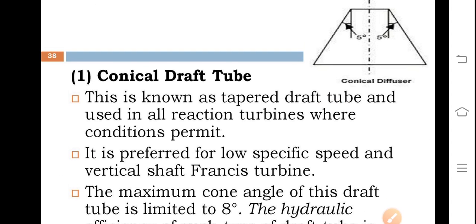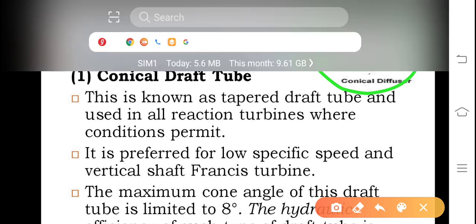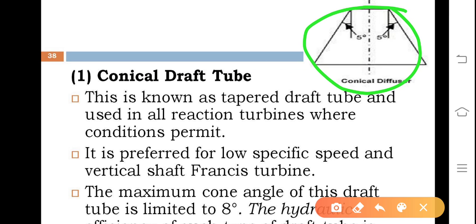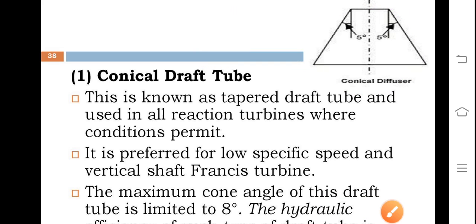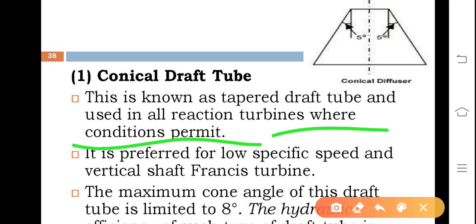Different types of draft tubes. One, conical. As shown here in the figure, it is conical shape with a flare of 8 degrees. It is not possible to see exactly there, but it is 8 degrees if I remember correctly. This is known as tapered draft tube and used in all reaction turbines where conditions permit.